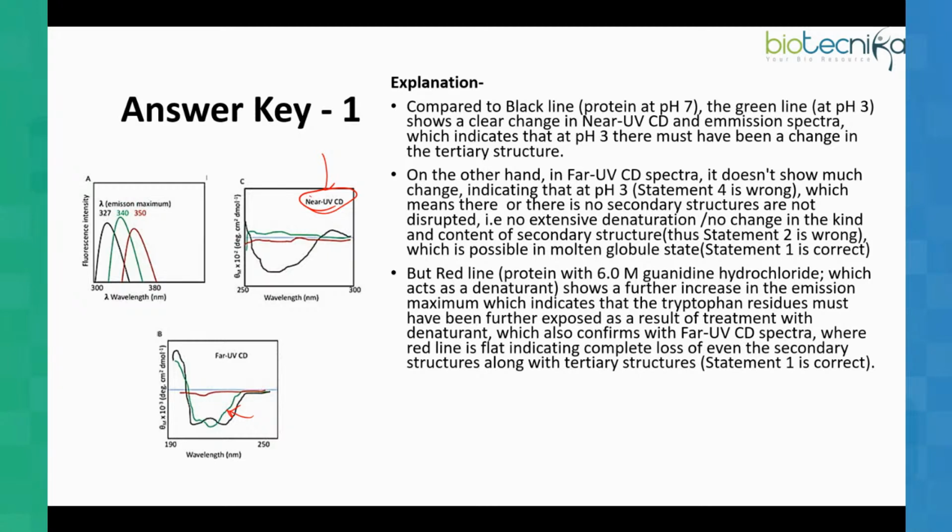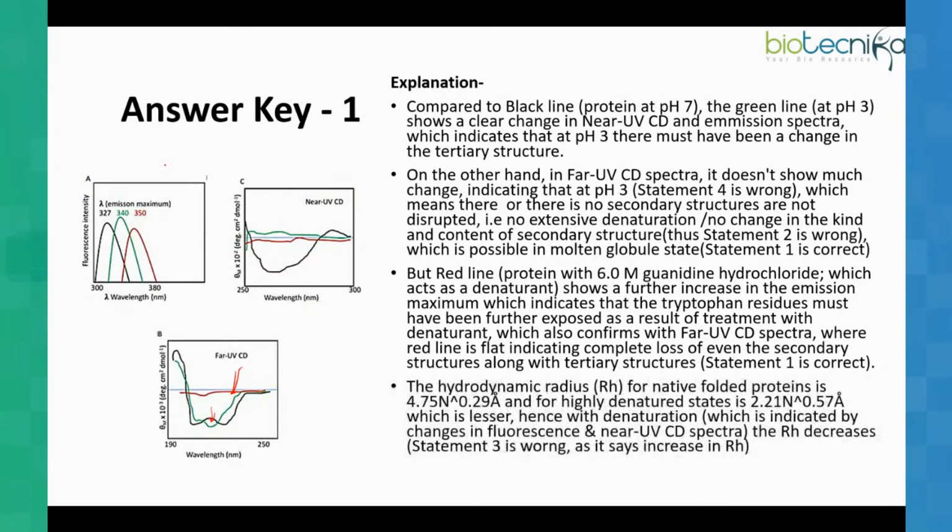So overall, sorry, far UV will show the secondary structures. Near UV is generalized loss of structure. That is why red and green lines are both showing loss of structure. But when you compare with this, you can see that the green line is only loss of secondary structure, the red line is completely loss of the tertiary structures as well, which is also confirmed from the emission spectra.